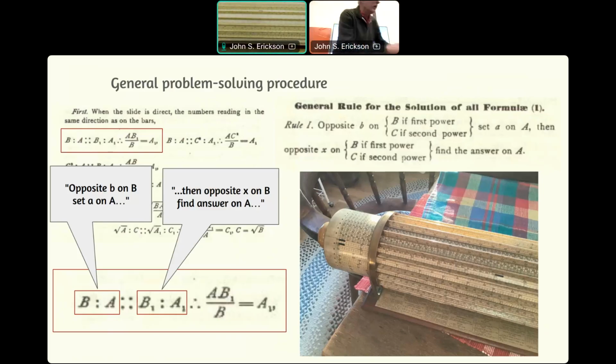Make sure you're looking at the C and the D. This one has an A and a B, a C and a D. To do that multiplication on one of these, like I've got 4 times 5 is 20 here on the A, using the A and the B, the A scale is on the inner cylinder, and you view the value in the gap between these two ridges, and then the B scale is on the inside of that.